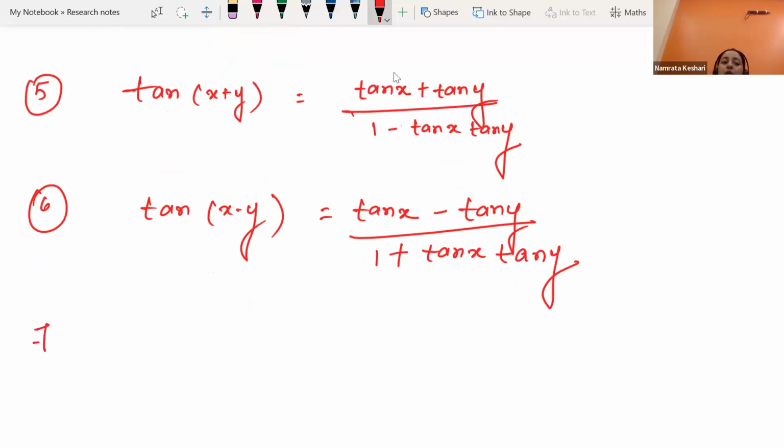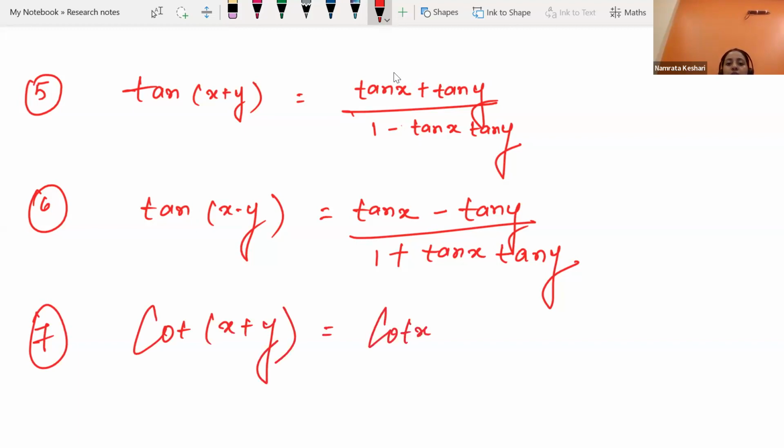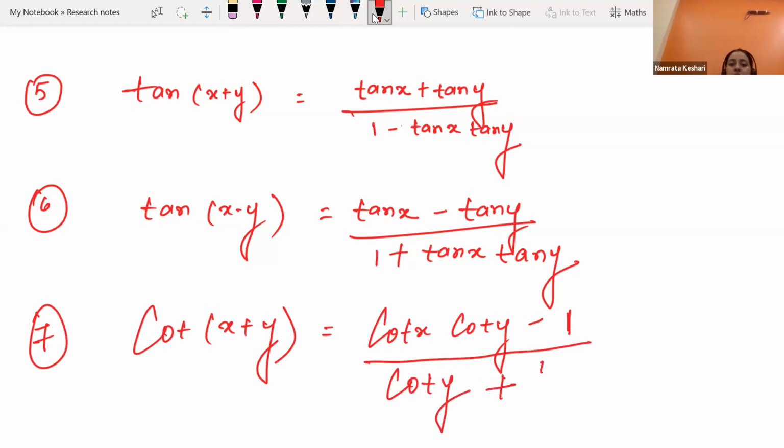Okay, now what about cot? Yes, for cot also we are having a formula. Cot(x plus y) is cot x cot y minus 1 by cot y plus cot x.